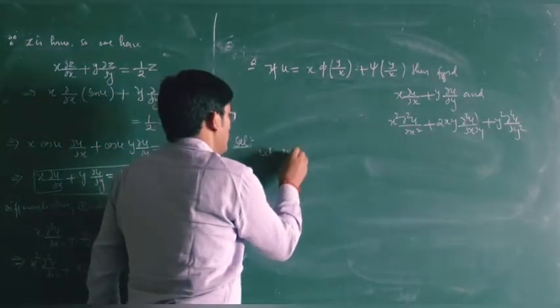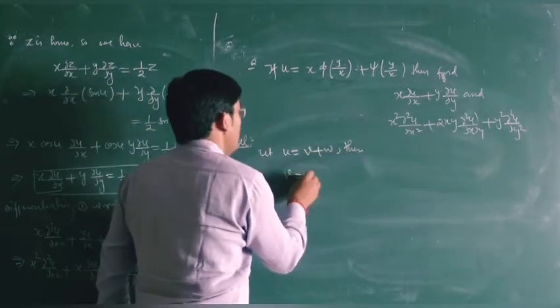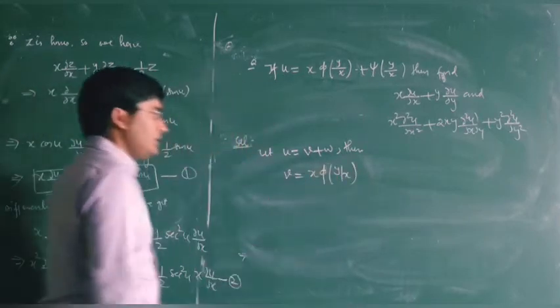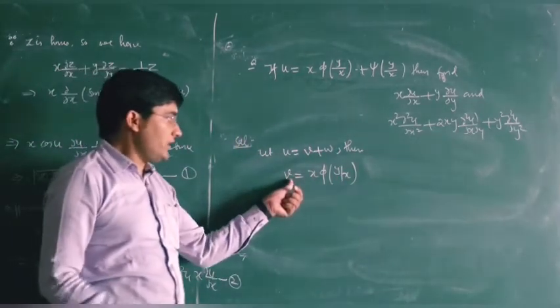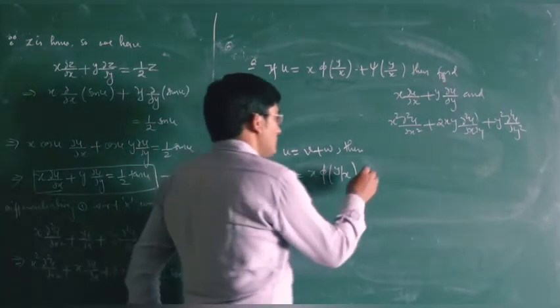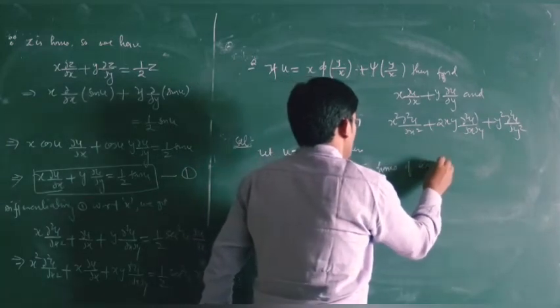But let u equal v plus w, then your v will be x phi of y upon x. So you can see that your v is homogeneous because we have x power 1. So our v is homogeneous of degree 1.